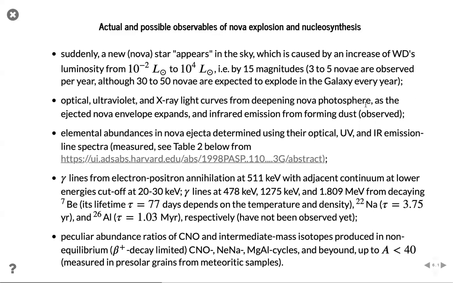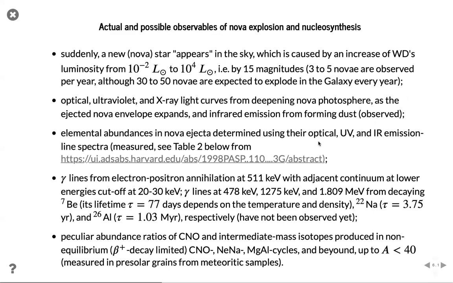Okay, so as the ejected nova envelope expands, eventually we can see infrared emission from dust forming in the ejecta of nova. That was also observed. So this is all was observed. So in principle, we can use stellar spectroscopy methods to determine individual elemental abundances in nova ejecta.